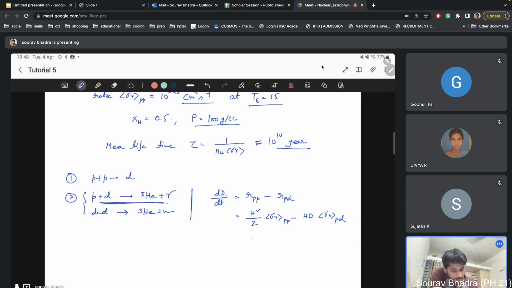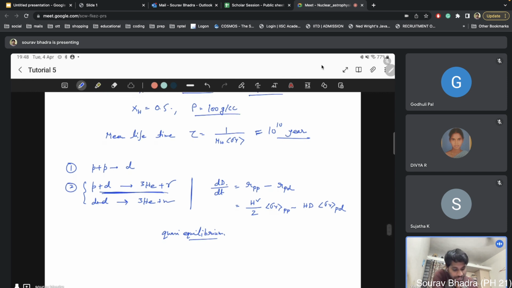PD reaction. And for quasi equilibrium, it is a state when we assume that the formation of chemical composition of the star is in an equilibrium state.